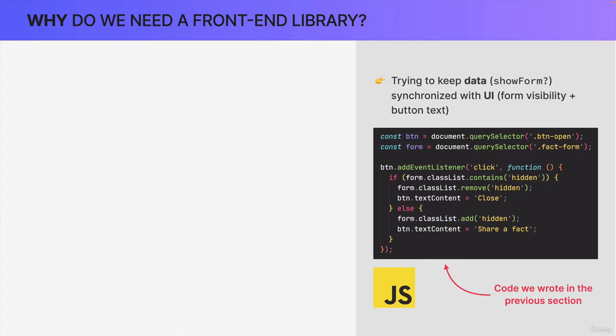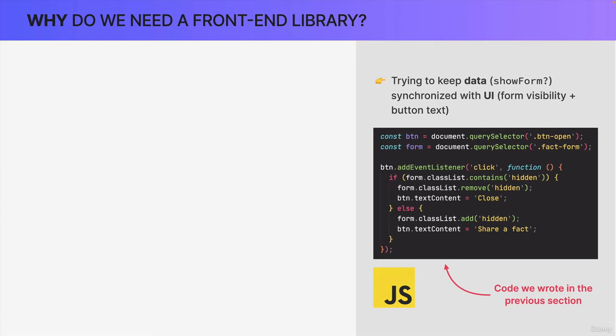So basically, what we were trying to do here with this code was to keep the data of whether the form should be visible or not synchronized with the form visibility and the button text. So that's what I mean when I say keeping data in sync with UI. So it's basically making sure that the user interface always represents the current information, so the current state.